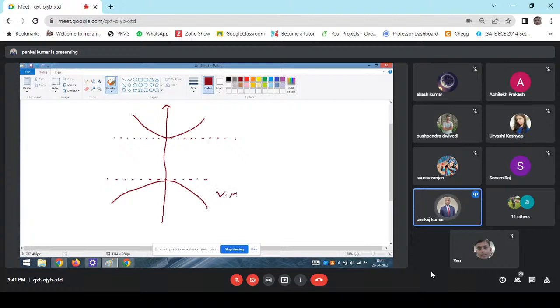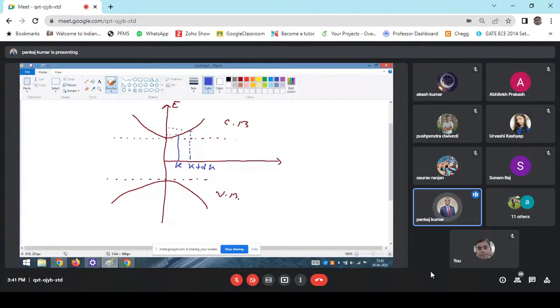This is the valence band, this is your conduction band, and this is your k vector, and this is your energy. With respect to each and every point of k, we have a respective energy level. Suppose this is the energy level. Let this be k, and this point be k plus dk.